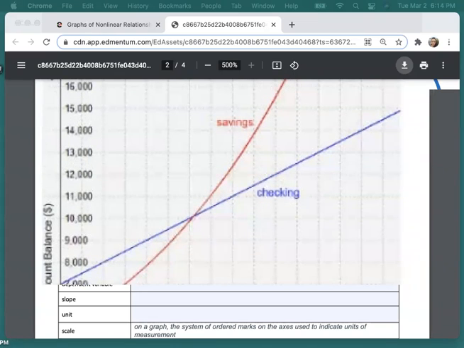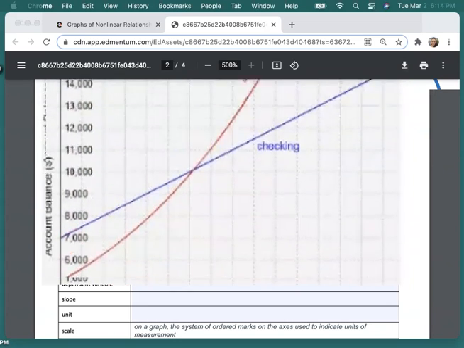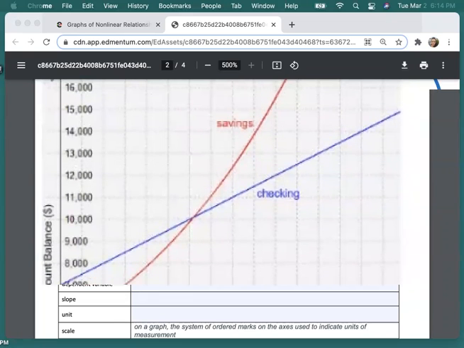It starts at $5,000, but it increases at a quicker rate than the checking account does because of the exponential interest. And you can see where they cross right here. So they both have $10,000 after 6 years, but past 6 years, the savings account is going to earn a lot more money a lot quicker than the checking account would because it is exponential.